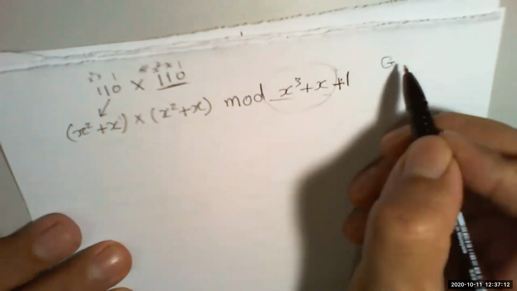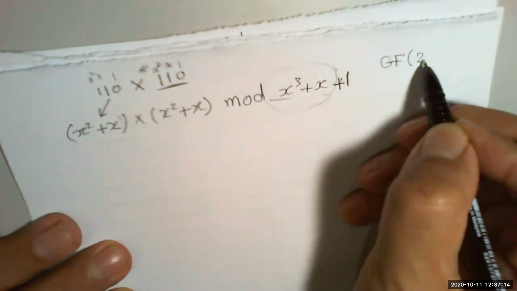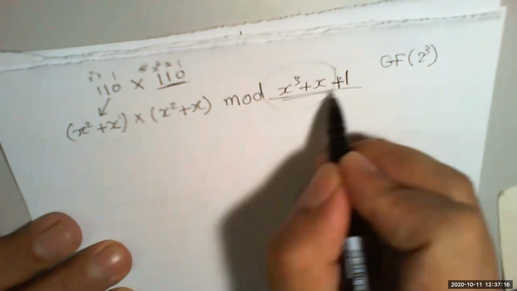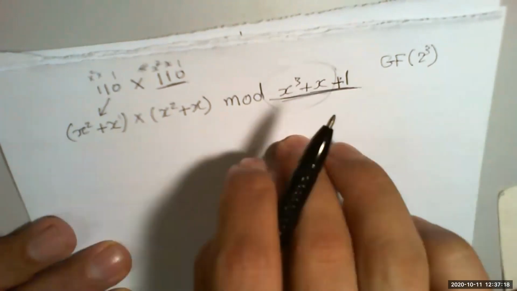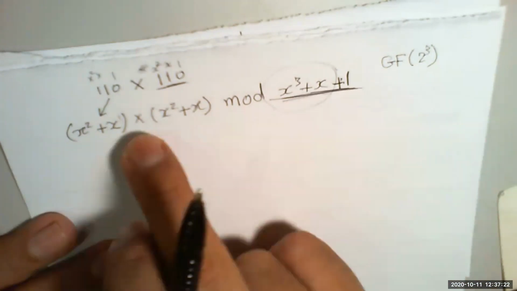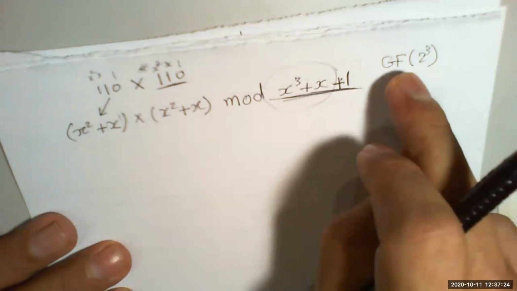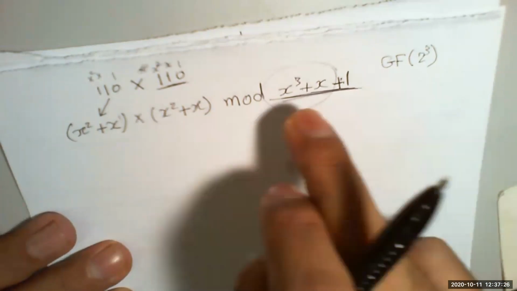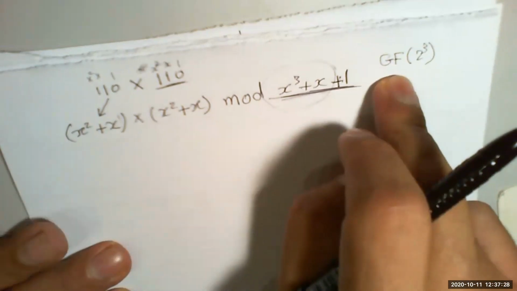They selected this for GF of 2 to the power 3 because it keeps all the operations in the same field. The result will remain in the same field.